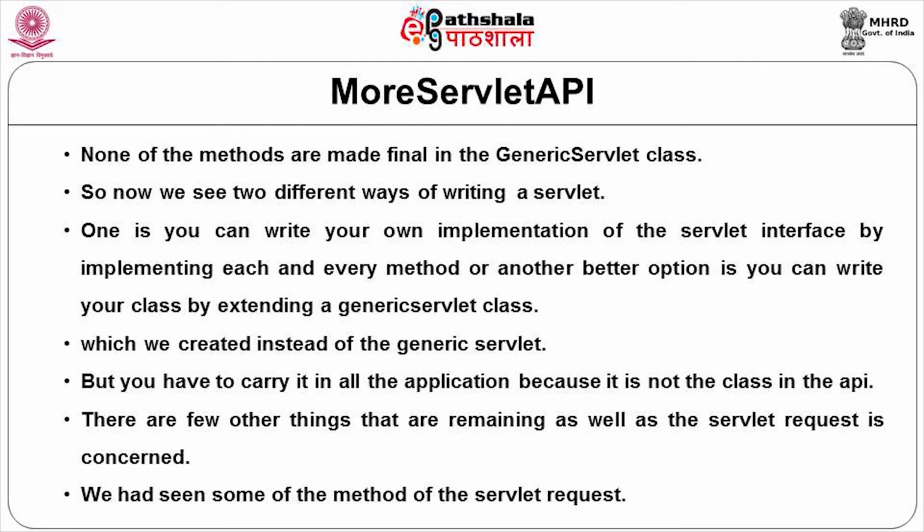Of course, you will have to carry it in every application which you write. It is not built into the API itself, so it will not be available every time. You will have to carry that class wherever you go. So what we have seen here are different ways of creating an implementation of a servlet.